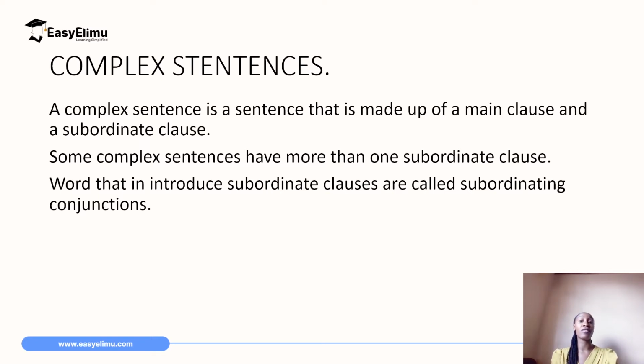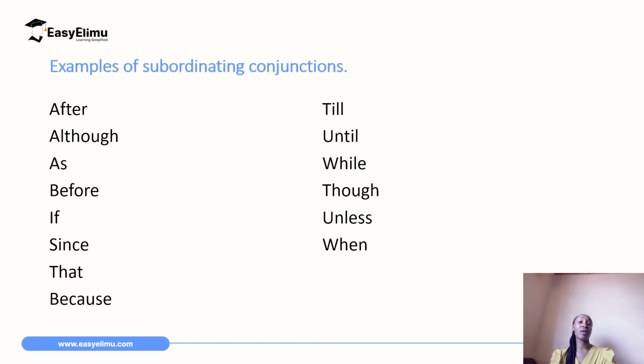And we are going to have a look at some examples of these subordinating conjunctions. So some examples of subordinating conjunctions include after, although, as, before, if, since, that, because, till, until, while, though, unless, and when.